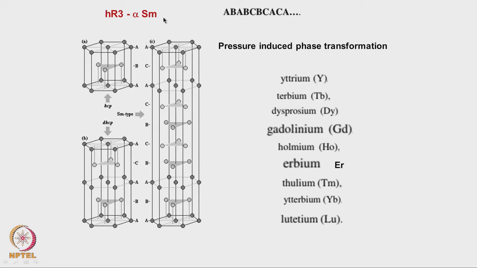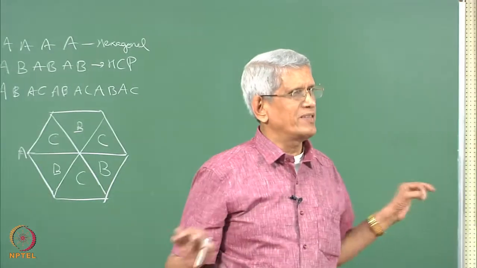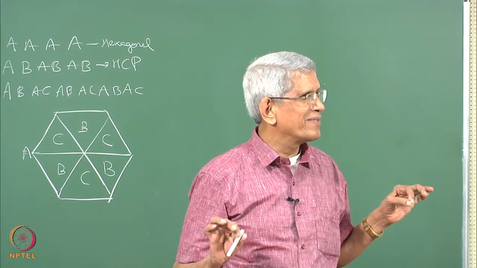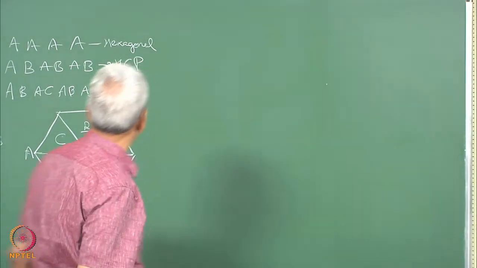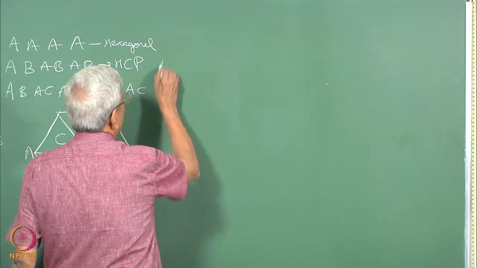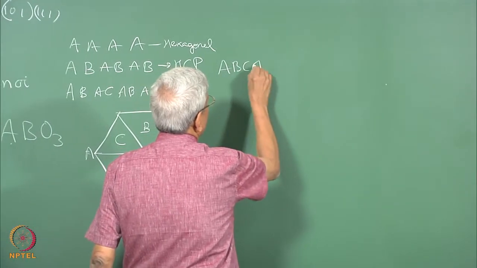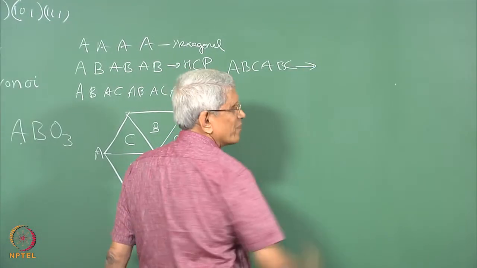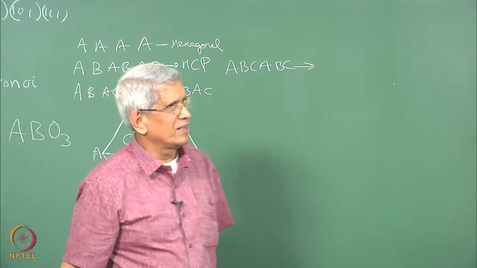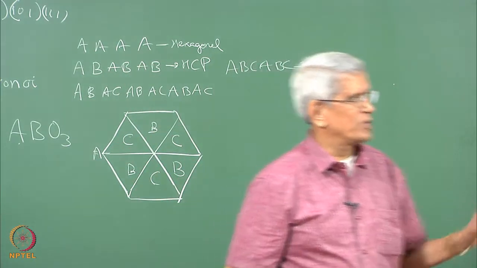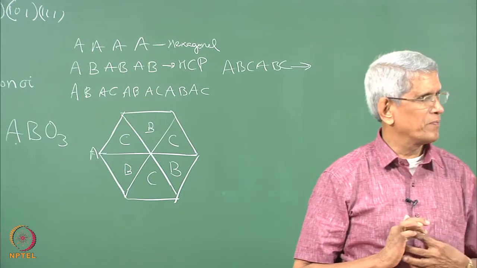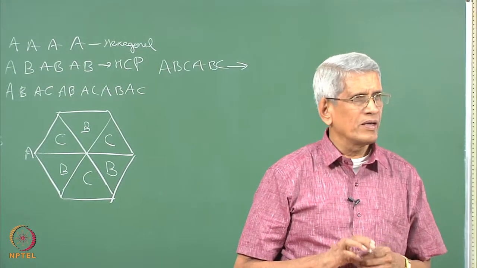There are many combinations of this type of sequences. We have ABC as a sequence, correct? If we take ABC, ABC in this particular form, it will turn out to be a cubic structure, right?